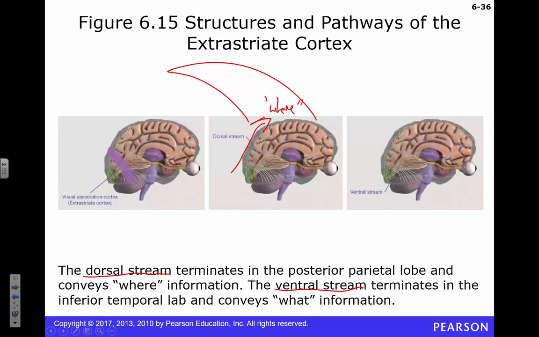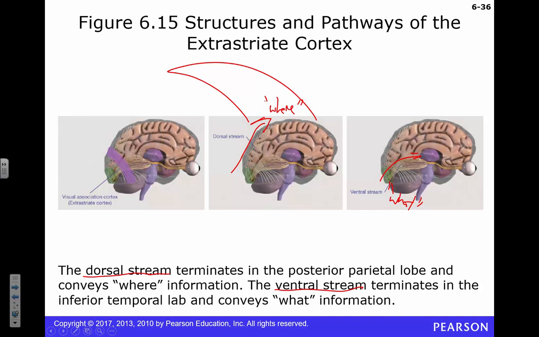So we're interested in location, objects, visual movement, things like that. We're not identifying anything, we're just telling you where it's located, because there is something over there. We don't know what it is. The ventral stream, which goes this way, that's our what pathway. That's going to be for identification of objects.